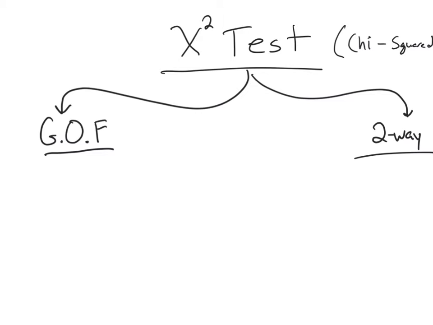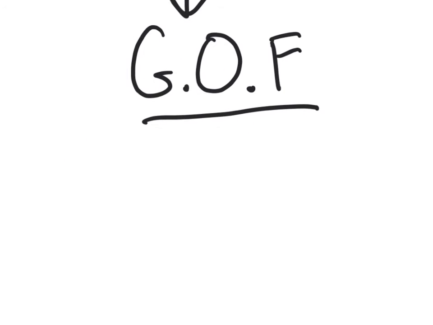Well, a lot of times you're just going to look at the data set, right? A lot of times they're just going to give it to you in a two-way table or they're going to give it to you in a one-way table, right? So let's start with basics. Let's start with a goodness of fit test. So first identification is this is a one-way table of data.